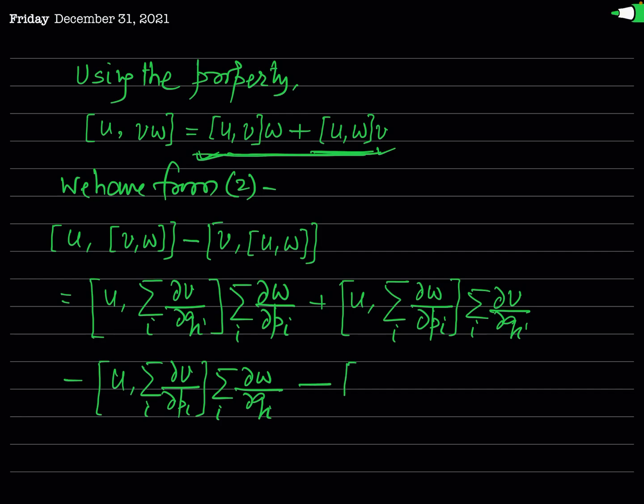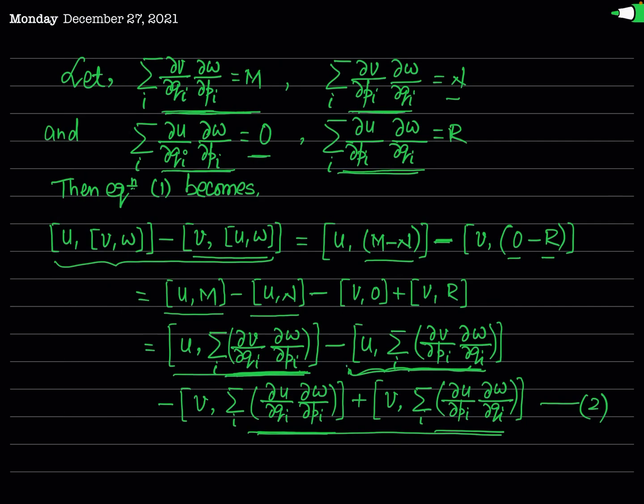So this will be now Poisson bracket of U and this much, summation over i del W by del Qi times summation over i del V by del Pi. You can see. So this expression has been written for the second term in RHS of this equation 2.